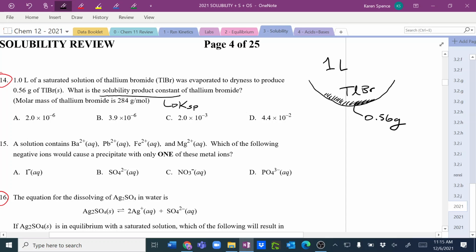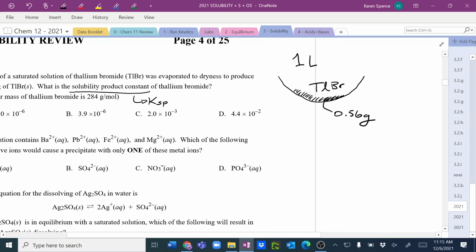Well, what do we know about thallium bromide? We know we have 0.56 grams in 1 liter, yes? And we know that that is the max concentration, yes? Because that was a saturated solution.